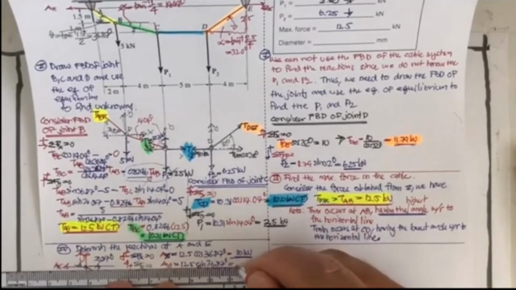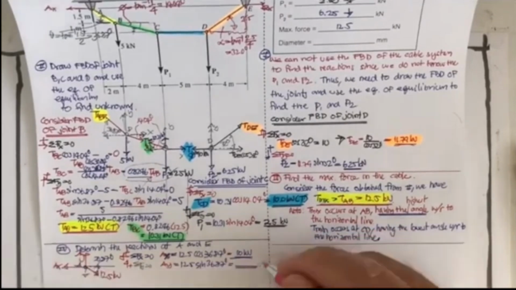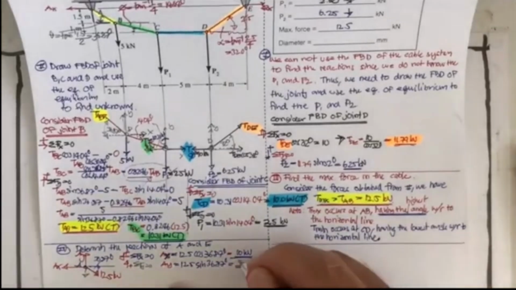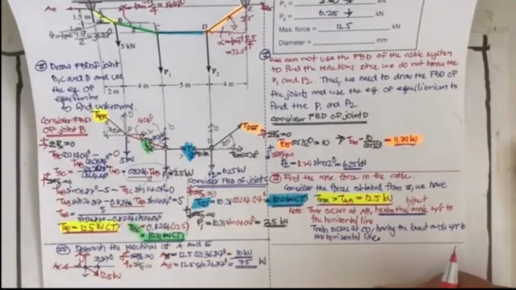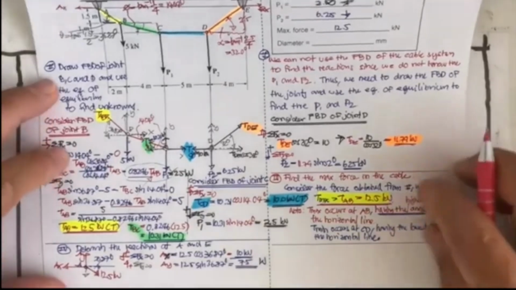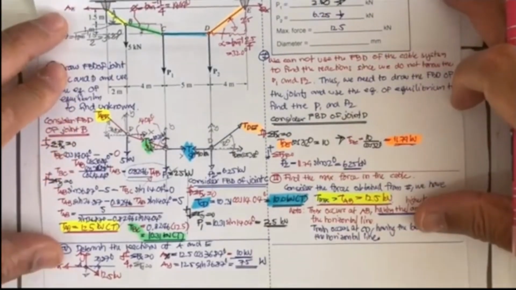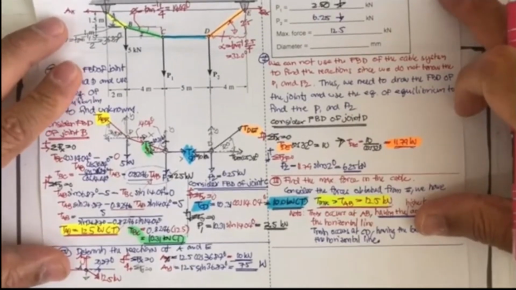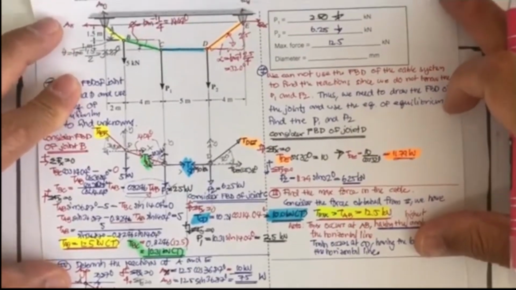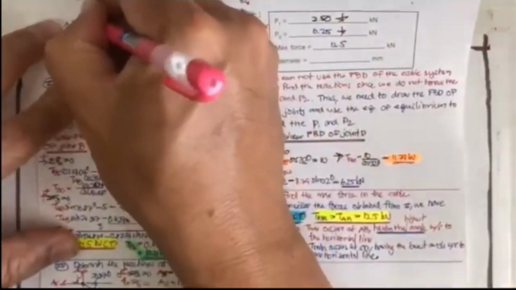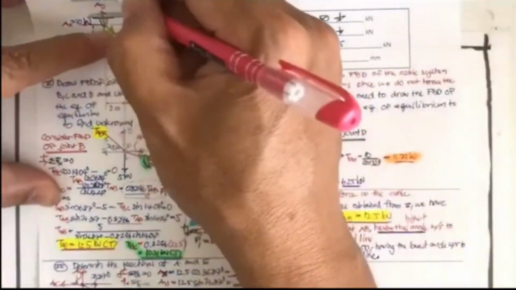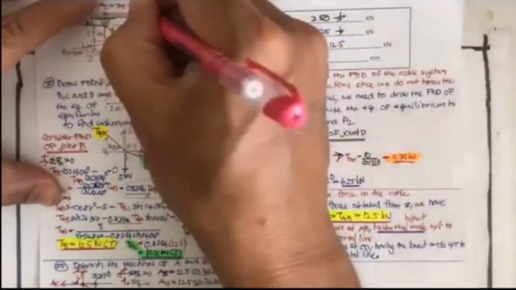Put it into your calculator, or you may stop the clip. What do you get? It's going to be 7.5. That is the reaction. The A sub x is 10 kilonewton, and the A sub y is 7.5 kilonewton.